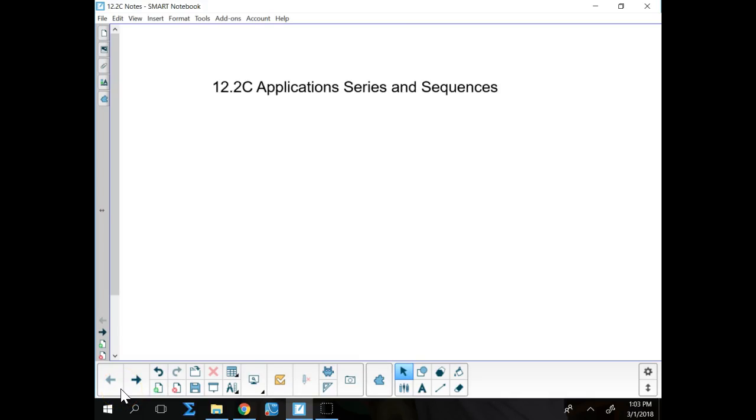So, first thing I want to talk about today is just a procedural type thing I saw on a bunch of homework, okay? You don't have to write this down, just know, trust me, okay?